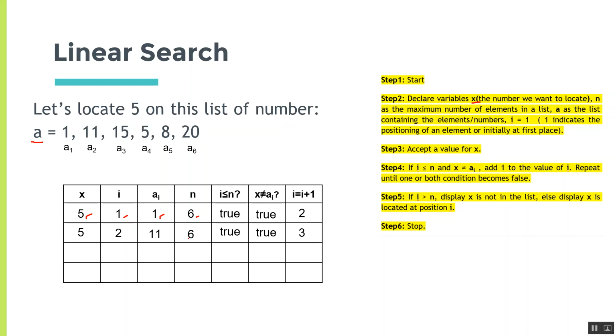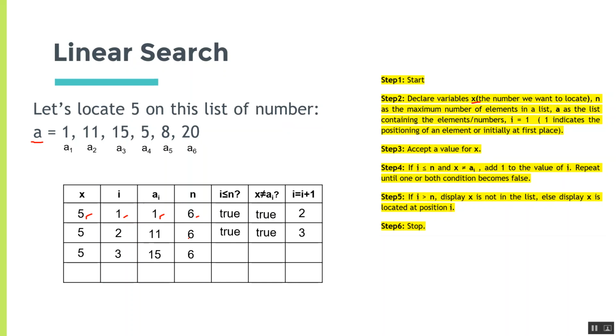Okay? So going back, we repeat the process again. x is 5, i is 3, a sub 3 is equal to 15. And n is still 6. Now, is i less than or equal to n? i is 3 and n is still 6. I mean to say we're still inside the list.